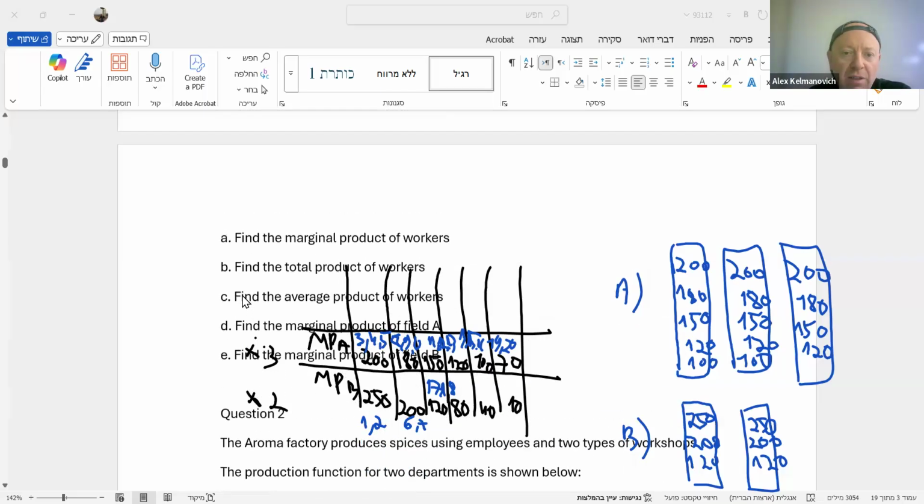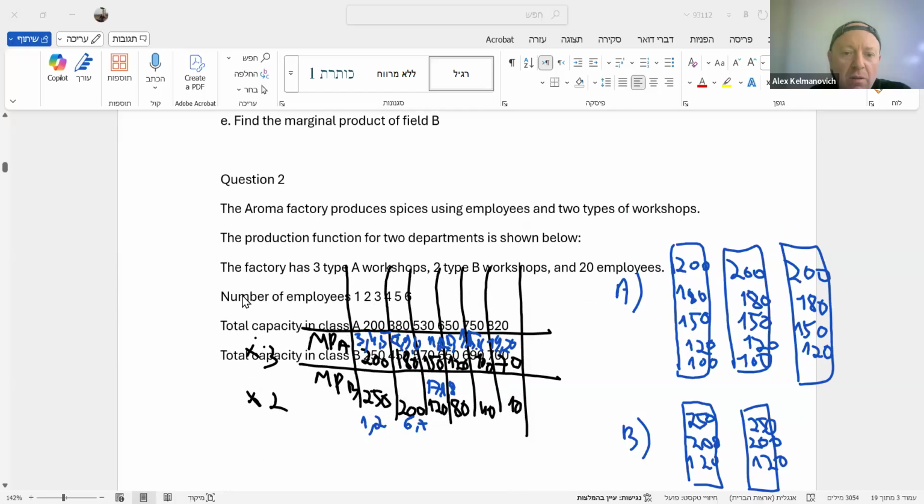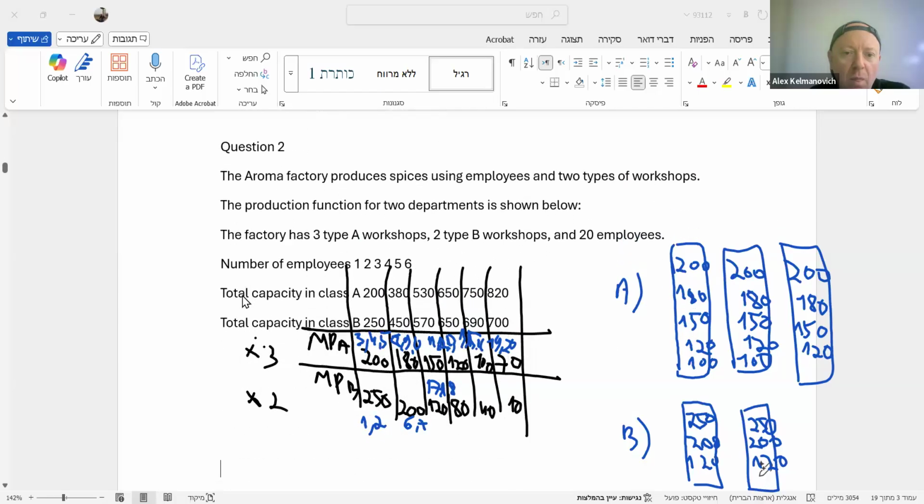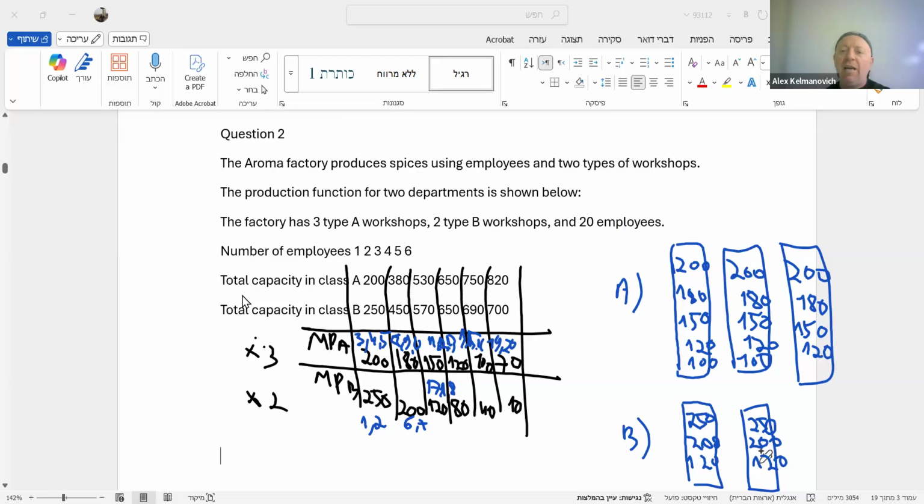Okay, so we need to find here the marginal product of type A and type B. Okay, so let's begin from type A. We do it by the same technique. We delete one field A, doesn't matter which one. So if I delete this field, I have to find new places for 4 labors, right?